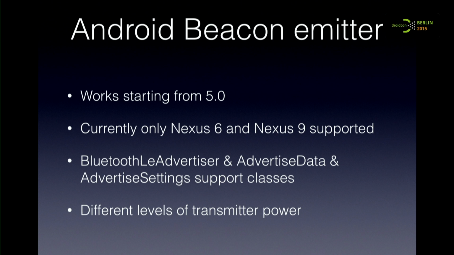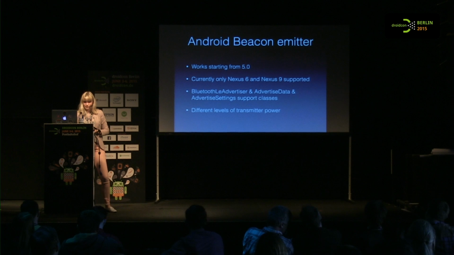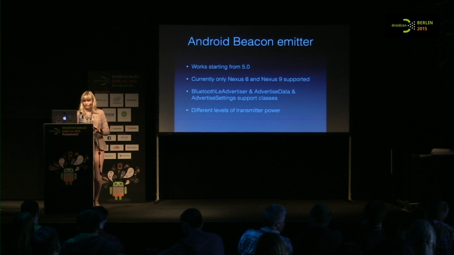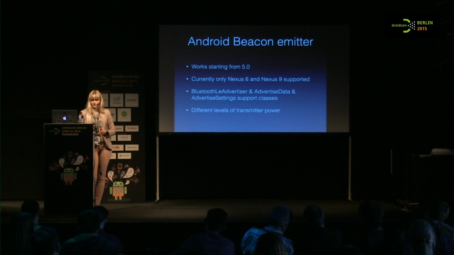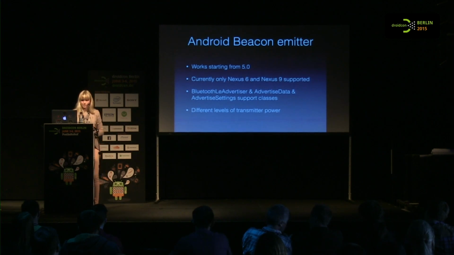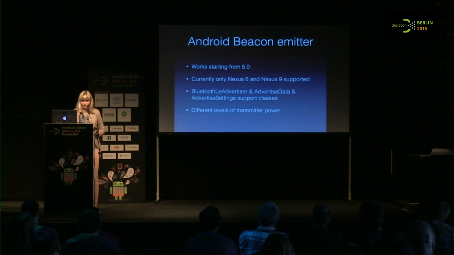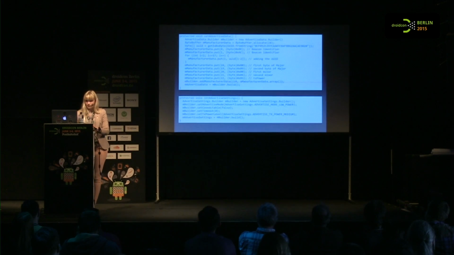In order to create a beacon emitter, you need to define the Bluetooth LE advertiser data and settings. You should also set the level of transmission power. It has several states: near, intermediate, far, or unknown.